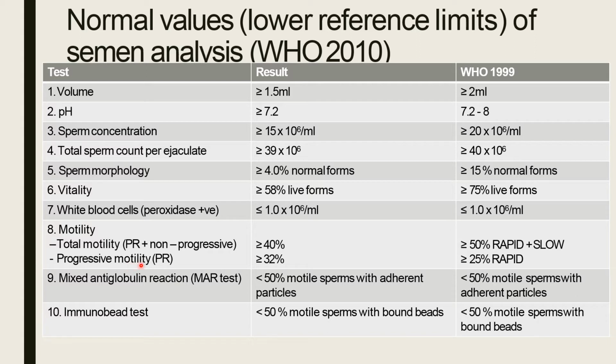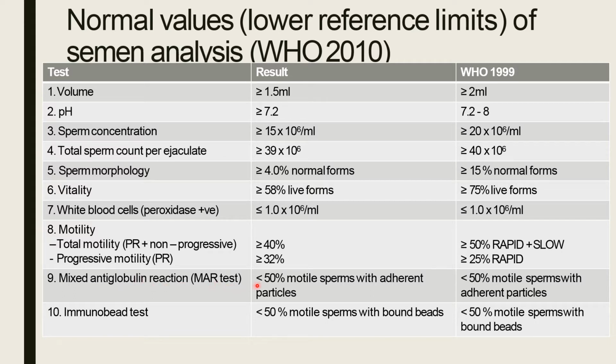And progressive motility is now 32% or greater than that, and previously, for only rapidly moving sperms, it was greater than or equal to 25%. And then the status of the antibodies, the presence of antibodies.